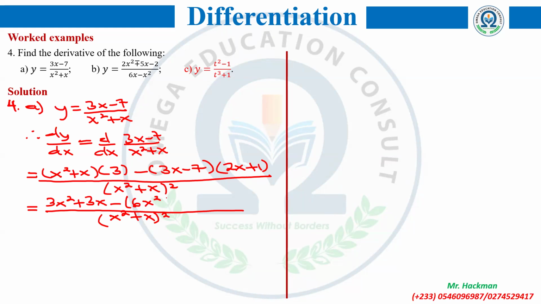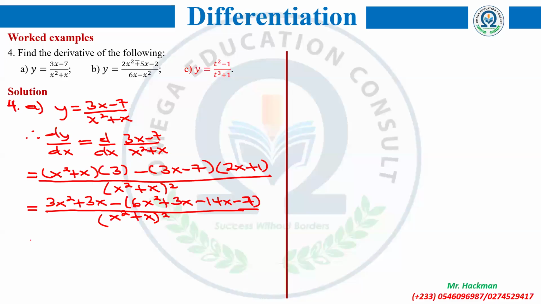Those who are mature can push the negative and do the expansion together, but please tread cautiously. I advise you go by the same way. Then 3x times 1 will give us plus 3x. Then minus 7 times 2x will give us minus 14x. Then minus 7 times 1 will give us minus 7. All correct, my professors?